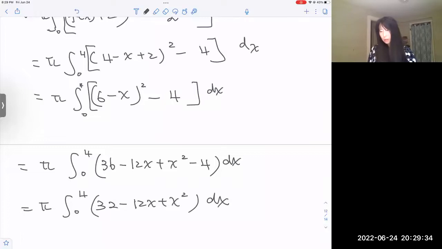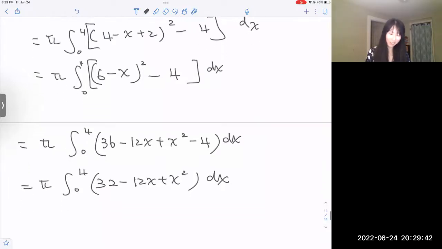Now your turn. Can you integrate? Yeah, 32x. Second term, 6x squared. Third term, plus x cubed divided by 3.